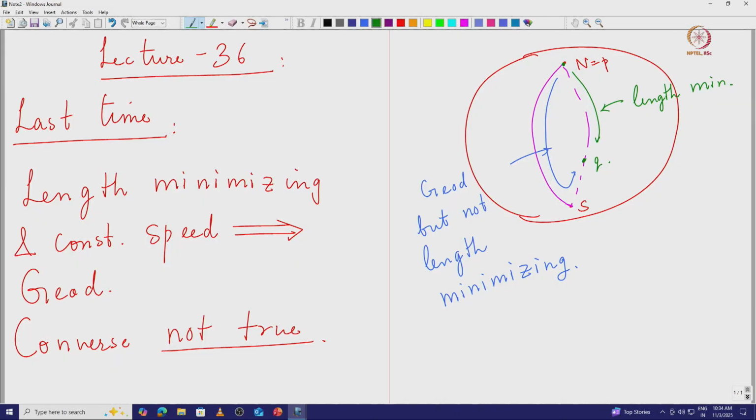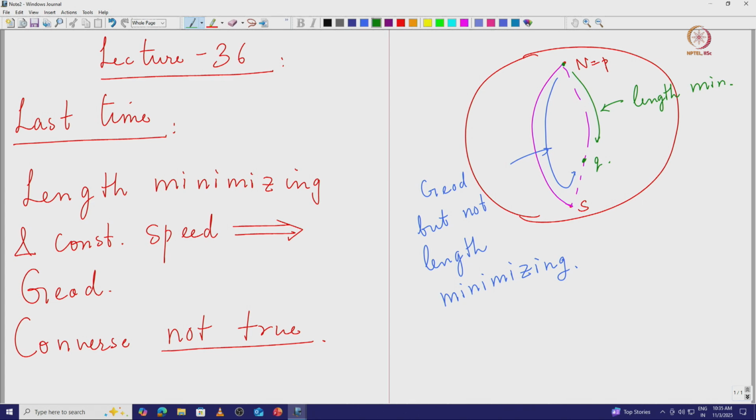On the other hand, the converse is not true, as we saw in this example with the sphere. Take the point P to be the north pole, then we know that all the geodesics are basically these great circles. So let us take this great circle which I have drawn in pink. You connect the north to the south pole and then you go from behind the sphere to again the north pole.